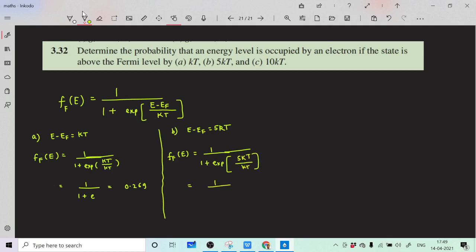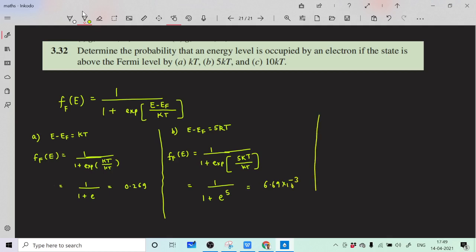So it will become 1 upon 1 plus e raised to 5, and this will become the probability that the energy level is occupied above 5 kT is 6.69 into 10 raised to minus 3.